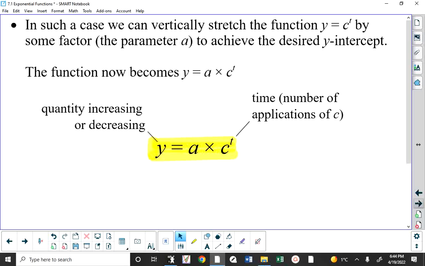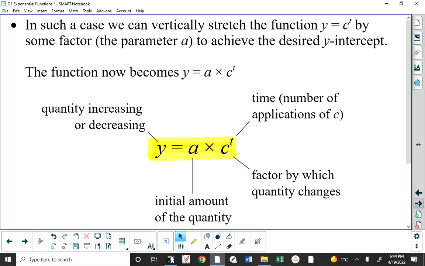If c is 1/4, t is how many times the thing has been multiplied by 1/4. A is the initial amount of the quantity, and c is the factor by which it changes. When I say factor by which it changes, I mean what are you multiplying by each time x goes up by 1.